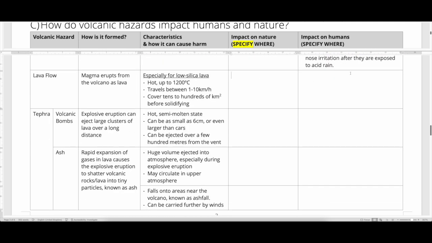As you can see, it can burn and bury these areas near the volcano. And in some cases, it can travel far, to areas far away from the volcano, up to hundreds of kilometers.